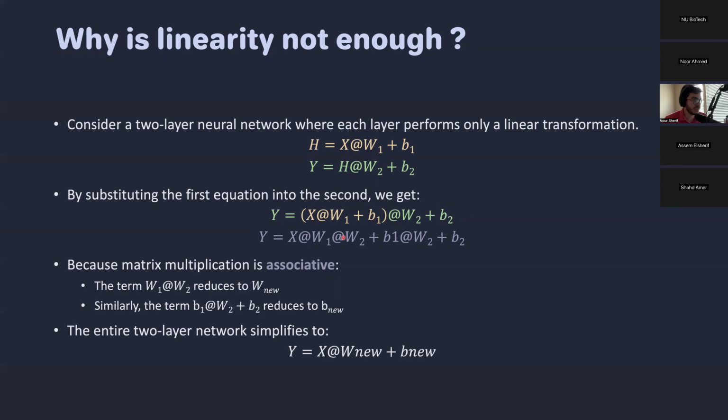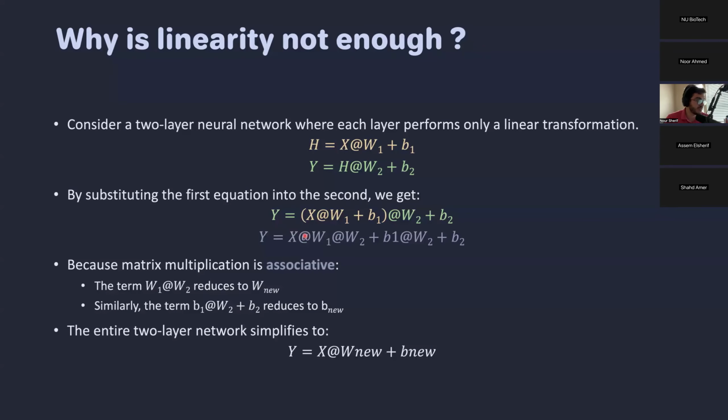And then you can kind of tell here that this term over here, like x times w1 times w2, w1 times w2 essentially can be reduced to a new matrix like w new, because the multiplication is associative, meaning that for this term we can either multiply x by w1 and then take that product and multiply it by w2, or we can multiply w1 by w2 and then take the product of this and multiply it by x.